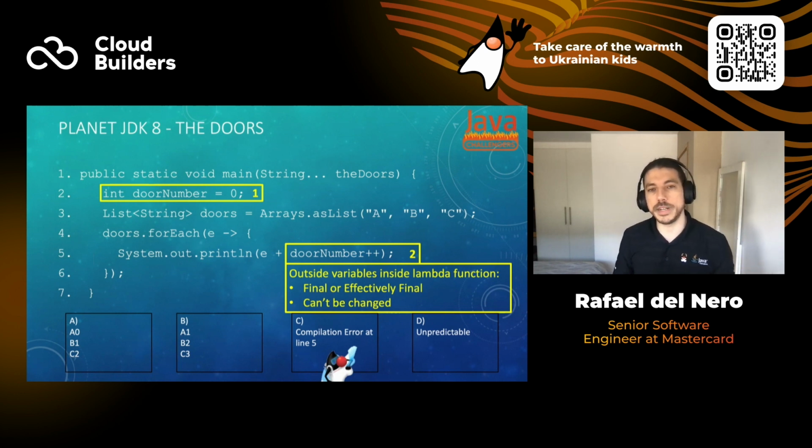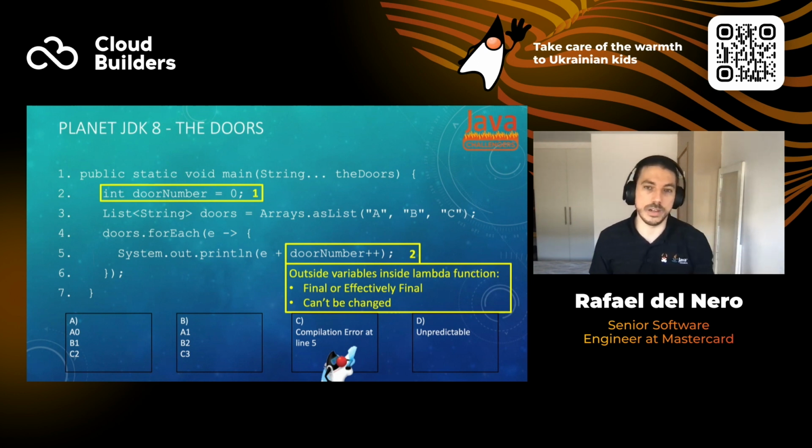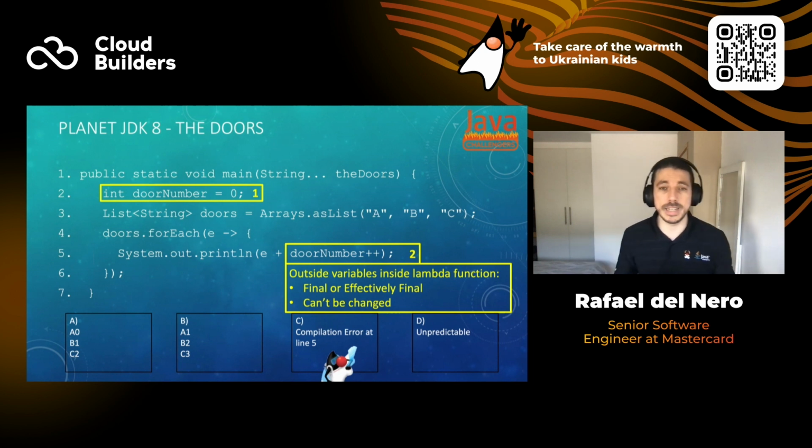So if you, for example, create a person object with the variable name inside this class, and you pass it to this lambda expression, you're going to be able to change the name of the person object. So remember, Java is functional, but it's not fully functional programming. Keep that in mind. But it does enough to make our code much better. So that's pretty much it for this challenge.